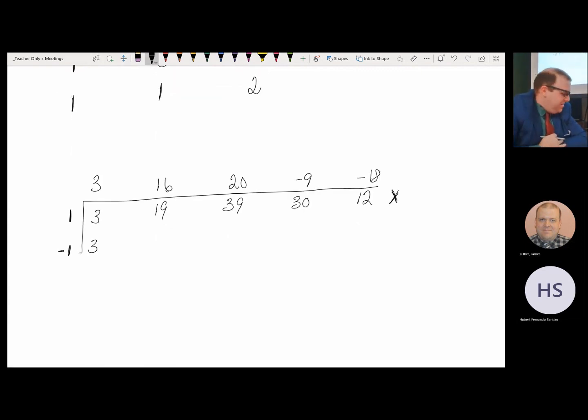Three times -1 plus 16 times -1 plus 20 times -1 minus 9 times -1 minus 18 gives -2. -1 is also not a zero.